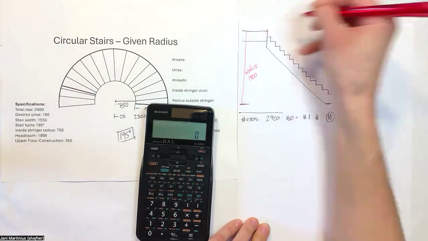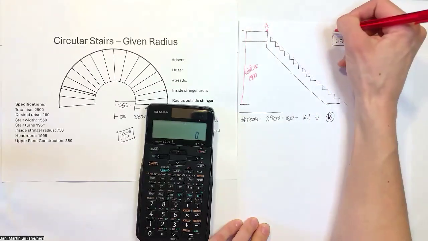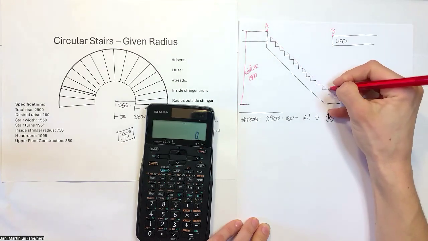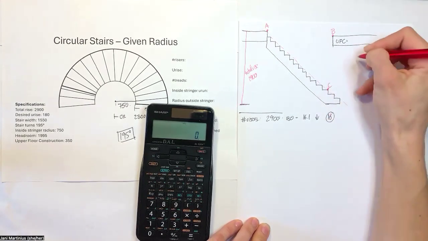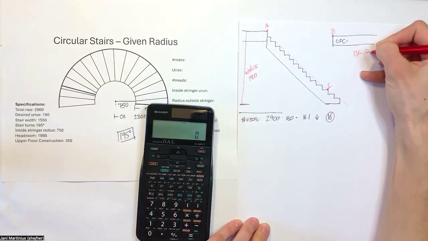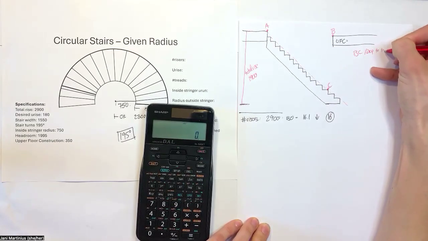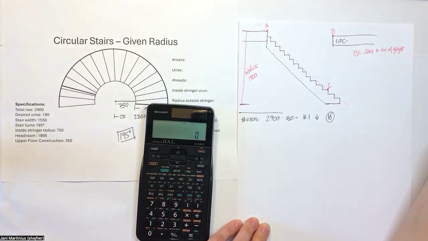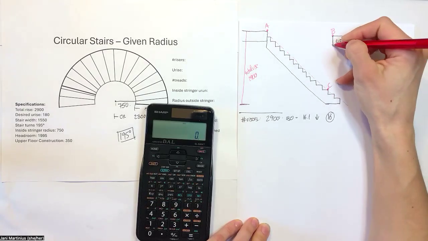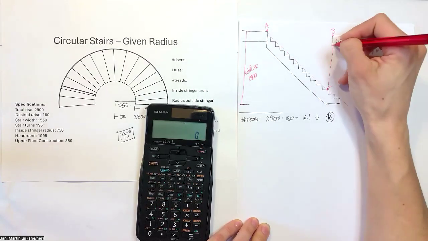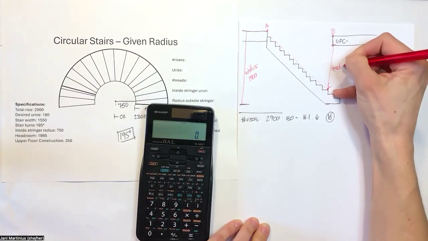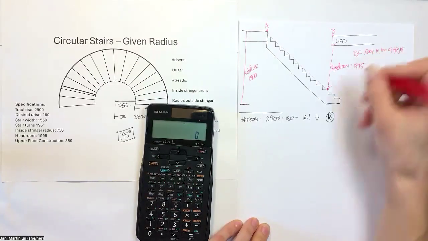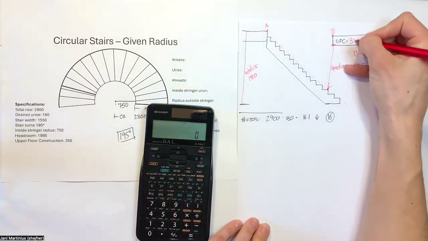So for later, we know that these points are going to be our A and B. AB for our finished opening, and BC or drop to line of flight. Same thing, but people call it differently. We have our headroom of 1995 and our upper floor construction of 350.